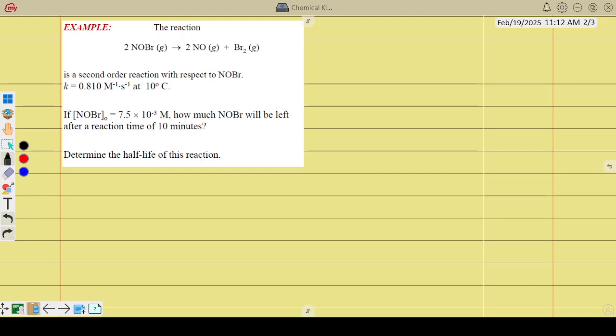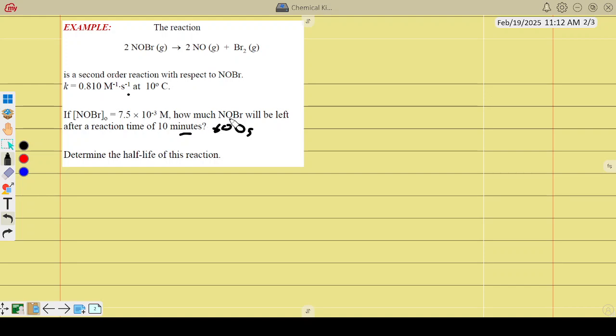What do you get? So these 10 minutes will actually be 600 seconds. We'll use 600 seconds because we can't have minutes in one place and seconds in another in a formula. And it's not easy to change this to molar per minute. Okay, so what's the question?